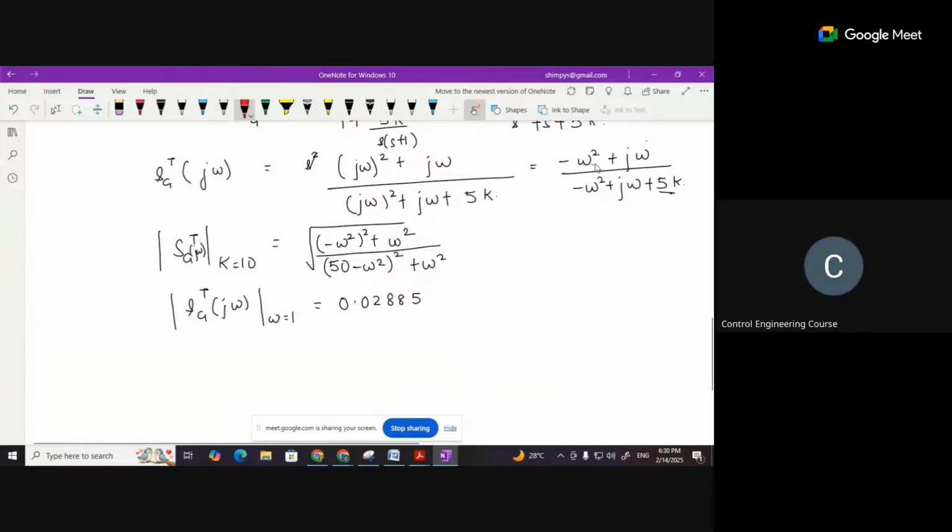And in the denominator we have 5k minus omega square plus j omega, right? If I'm finding out the magnitude of this complex quantity, it is a square plus b square. That is what I have done, for numerator and denominator both. So we have done that separately for numerator and separately for denominator.